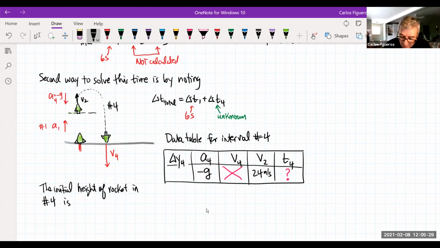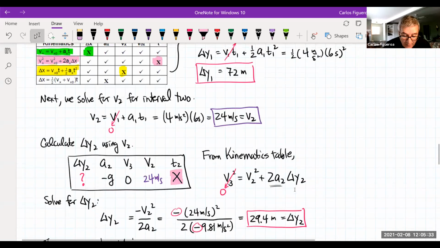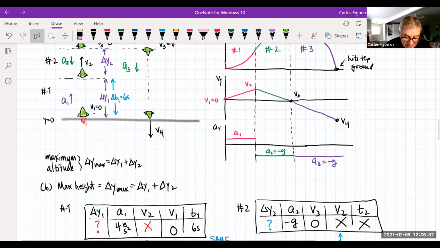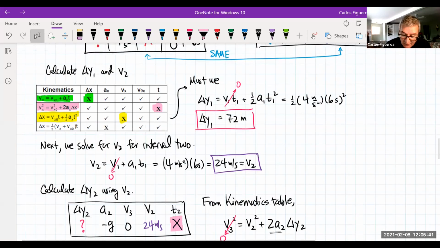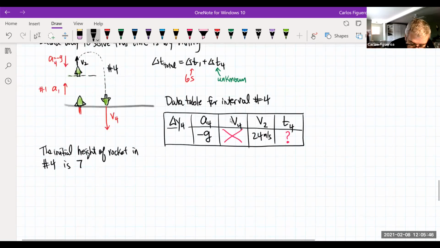It's at where? Look at that. The initial height was delta y1, right? We know what that height is, delta y1. And when we calculated it, we said it was 72 meters. So this thing starts off at 72 meters.